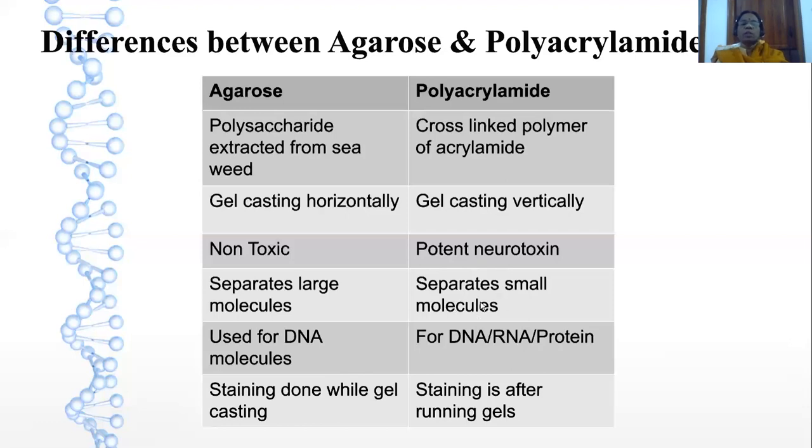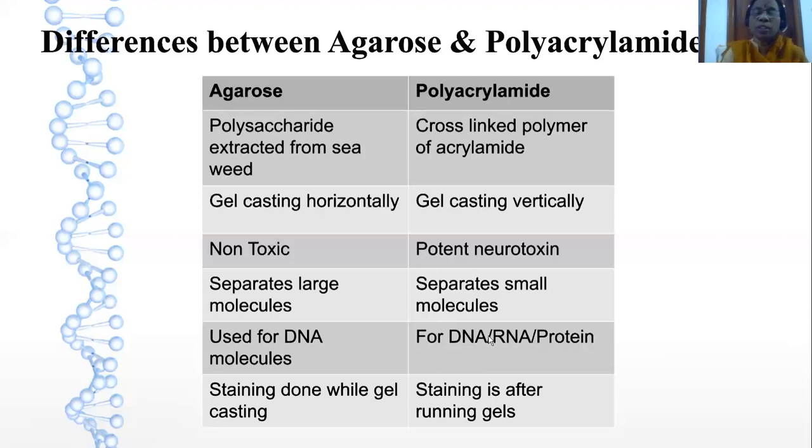The difference with the use of polyacrylamide is that it helps in the separation of smaller molecules. Therefore, though I have written here DNA, it does not mean we can isolate genomic DNA. We can only separate DNA molecules which are of smaller size, for example, all the restriction digested fragments of the DNA.